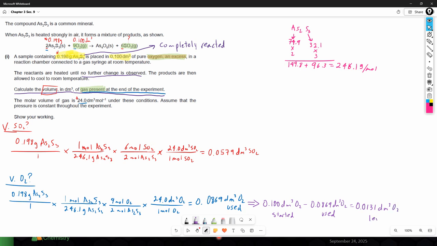This is how much is left over. And you have to think about that, because otherwise you're going to use 0.0869 and that's how you end up with the wrong answer.